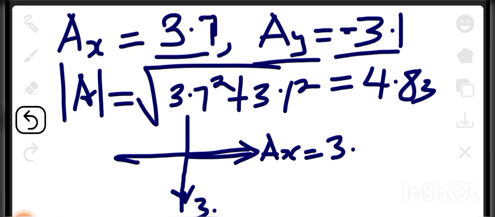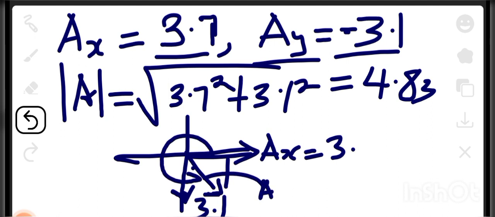So the next thing we are going to do is get the angle of vector A, not AS or AY. Vector A will be acting somewhere here. So what we are looking at now is this angle, which is theta. To get that angle, I already told you that you get this one, then you remove it from 360, and that will give you this other one.